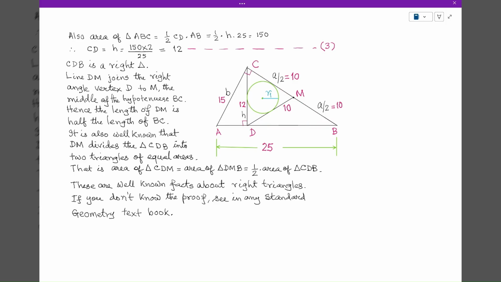That is, area of triangle CDM is equal to area of triangle DMB is equal to half of area of triangle CDB. These are well-known facts about right triangles. If you do not know the proof, see any standard geometry textbook. I will also try to post a video proving these two things.